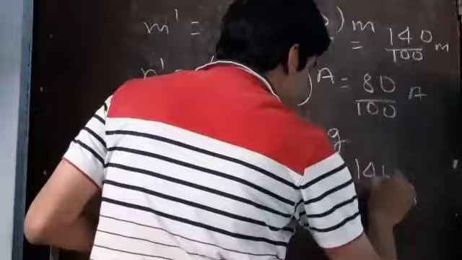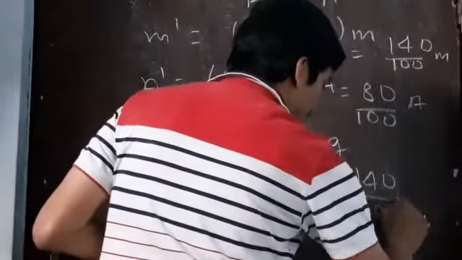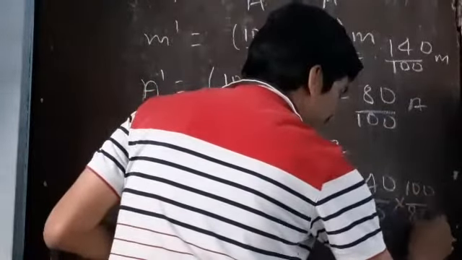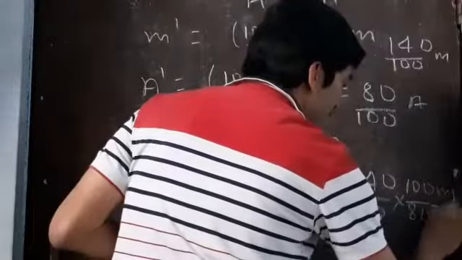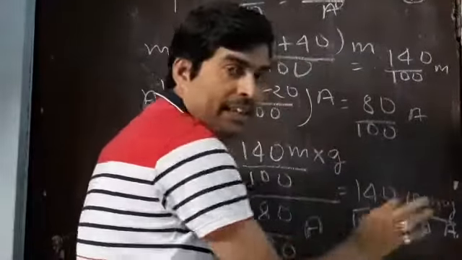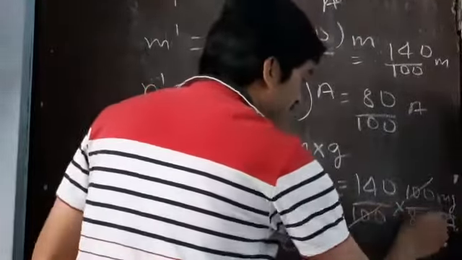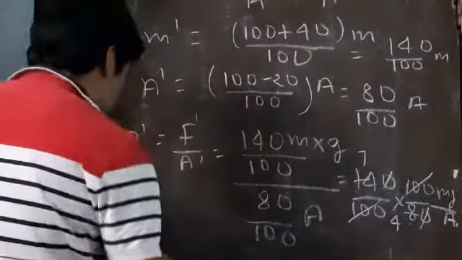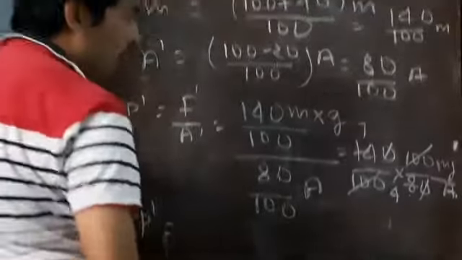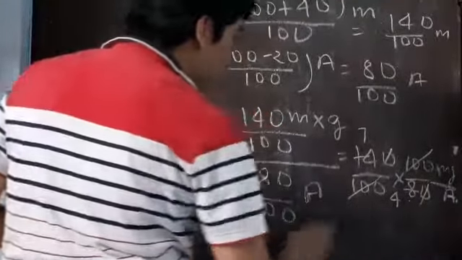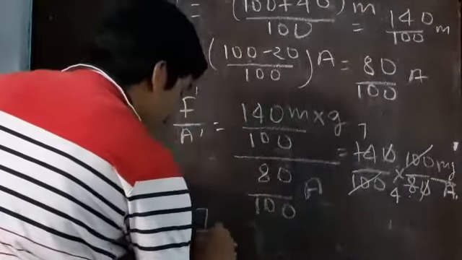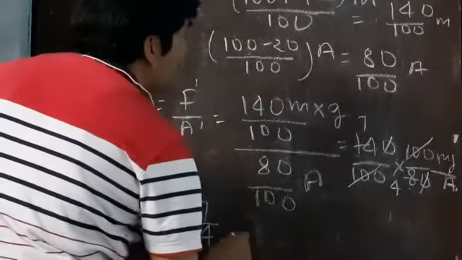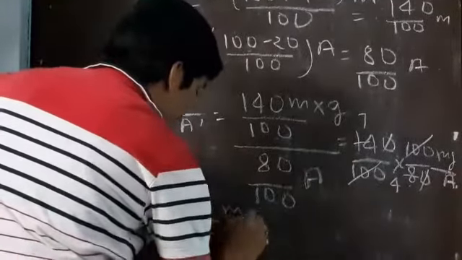It is 140 by 100 into 100 by 80 into mg by A. So 100 cancels, 0 cancels, 2 7s are 14, 2 4s are 8. So P dash, that is the new pressure, is 7 by 4 mg by A.